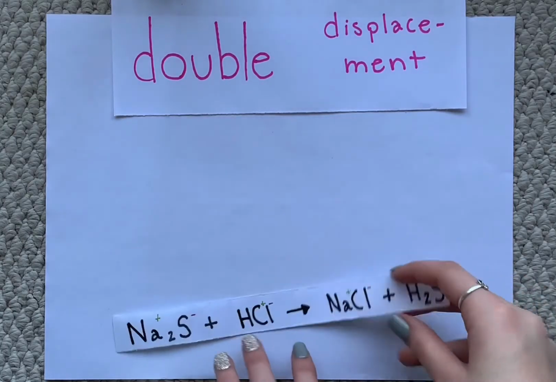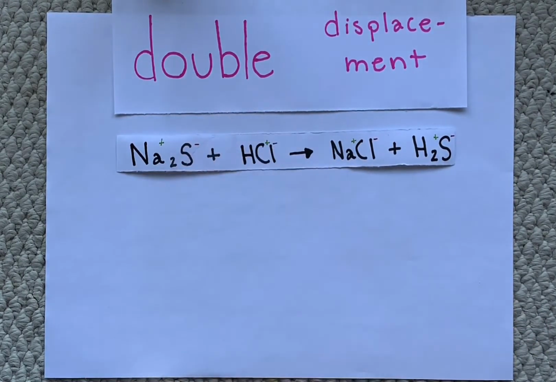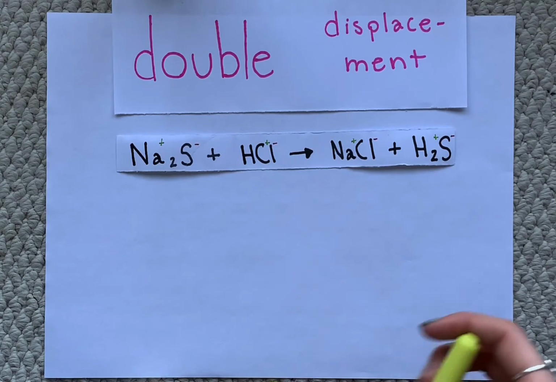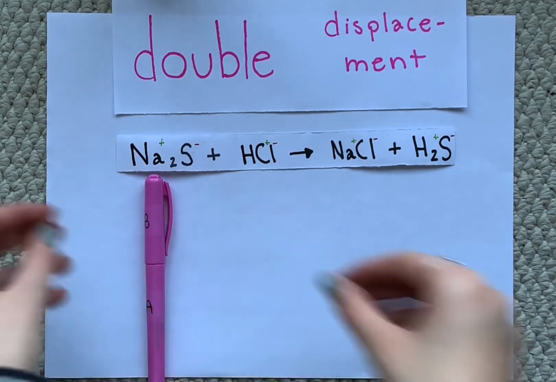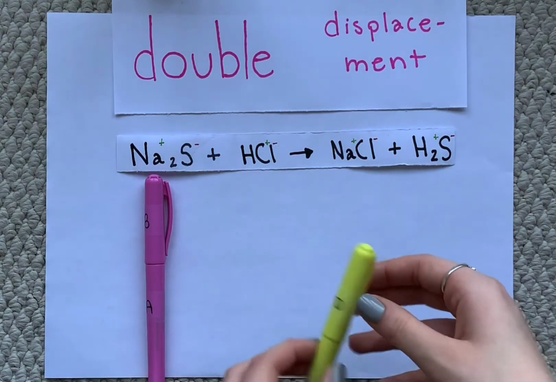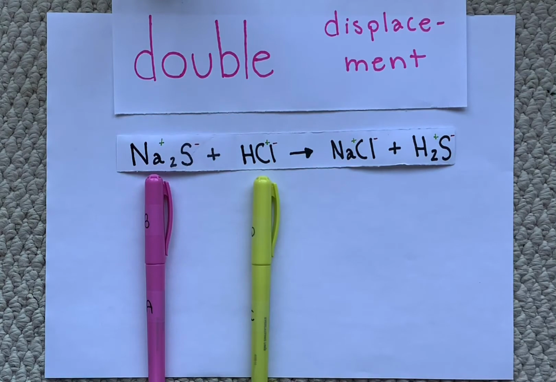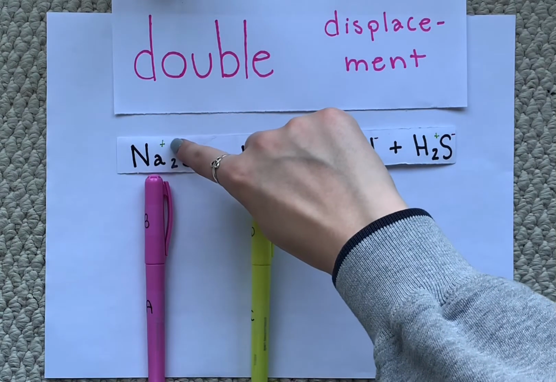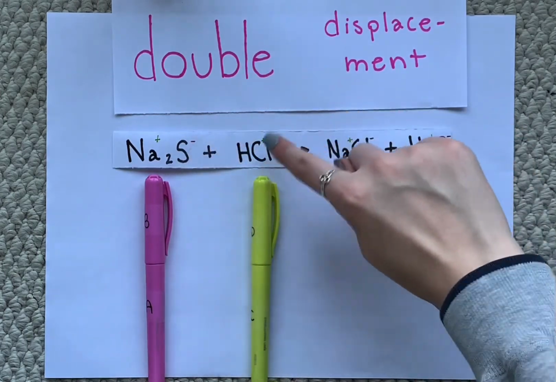So now we can go ahead and throw in some real elements into our formula. So representing our sodium sulfide, we have AB. And representing our hydrogen chloride, we have our CD compound. So as you can see here, we have our little plus sign for our cations and our negative sign for our anions.